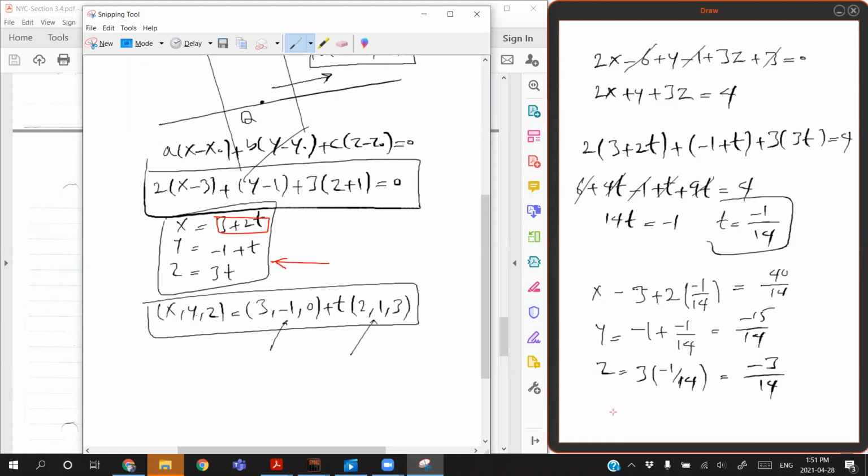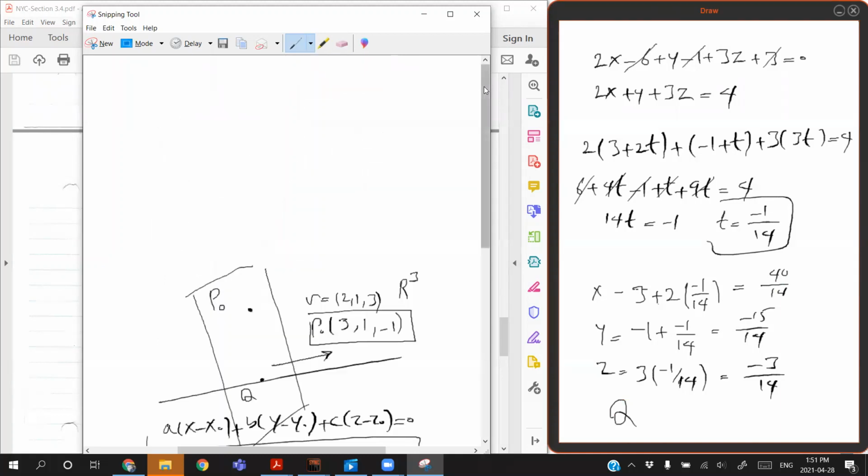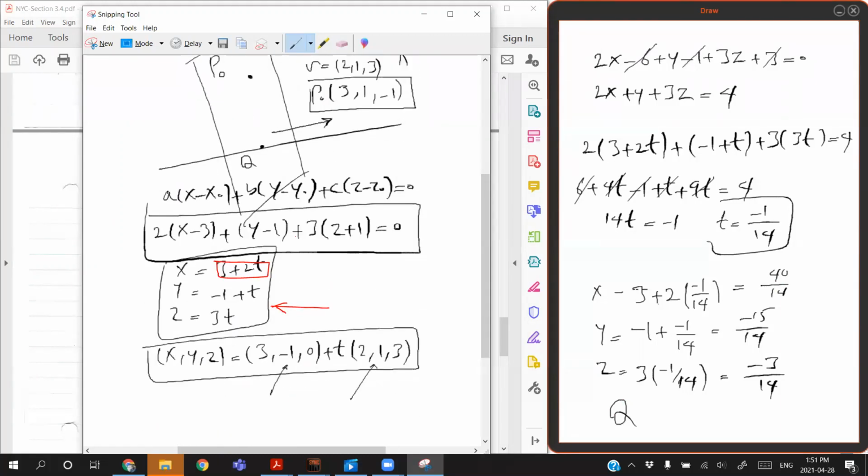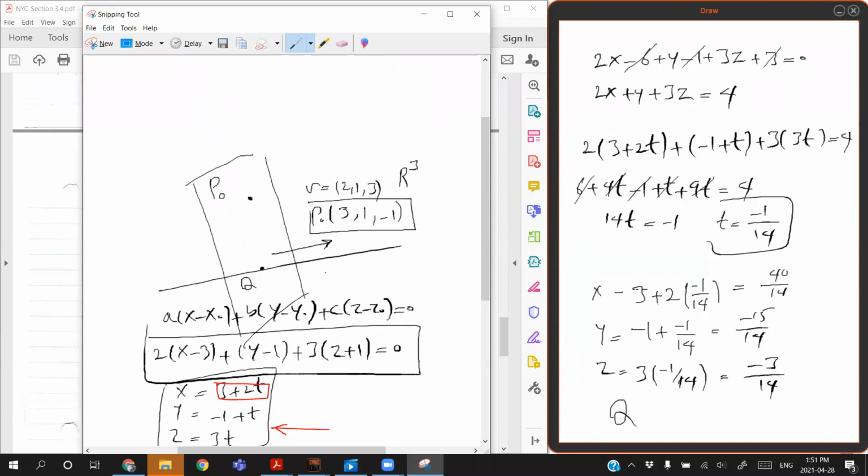So the point of intersection, which is Q in this diagram, which is also the closest point that you can find on the line to P0, is going to be 40 over 14, negative 15 over 14, and negative 3 over 14.